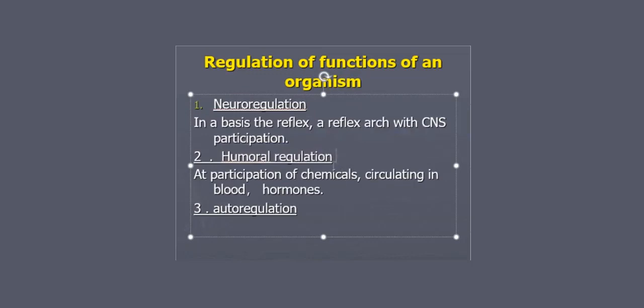And sometimes we have neurohumoral regulation, which is very important. And again we have autoregulation. Autoregulation does not depend on neuro and humoral regulation. Sometimes cells can regulate their function by themselves.